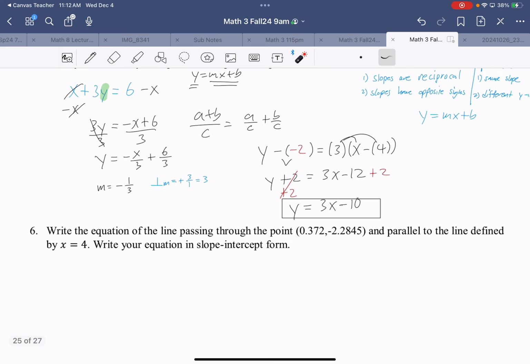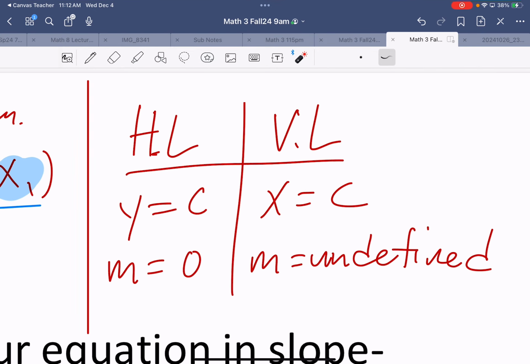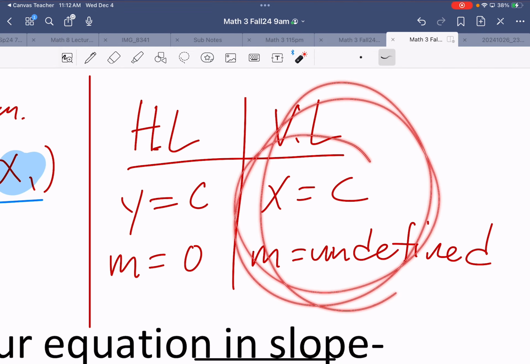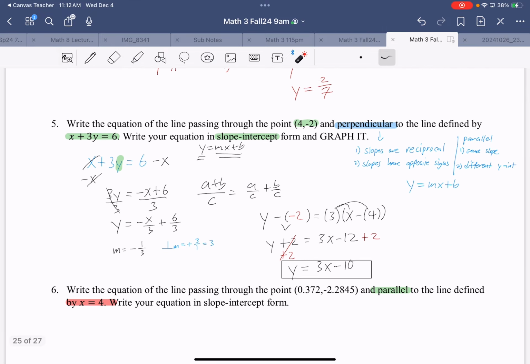Now, here's an example where we talk about being parallel. That means the line I'm looking for has to have the exact same slope. But if you recognize, look at the line that is given here, right? We're given x equal to 4, or just any constant, so we're talking about a vertical line, right? So think about this.